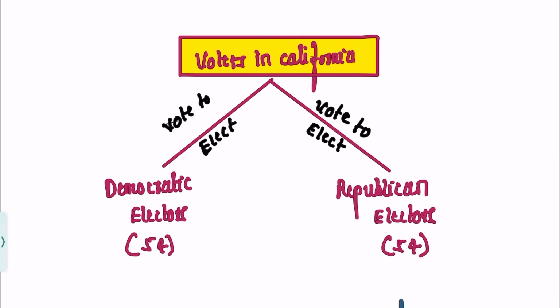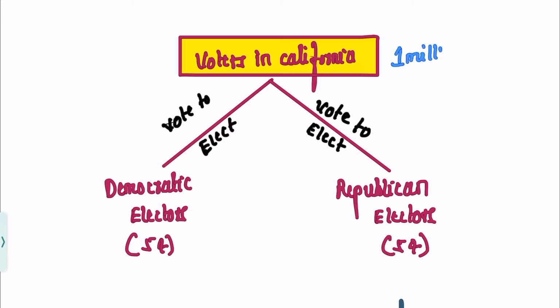Let's say on election day, voters go to the poll booth, and they either vote for the Democratic Party nominee, that is Kamala Harris, or the Republican Party nominee, that is Donald Trump. Let's say California has around, this is just an example, 1 million voters.